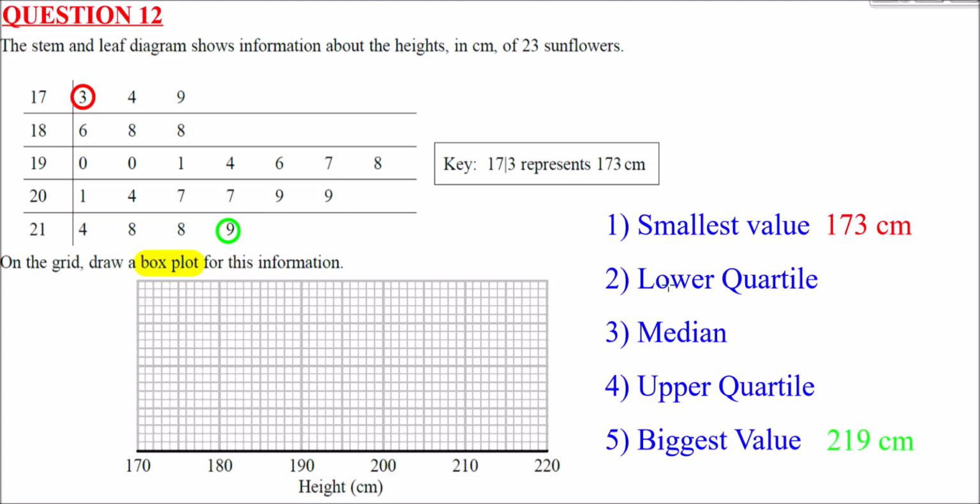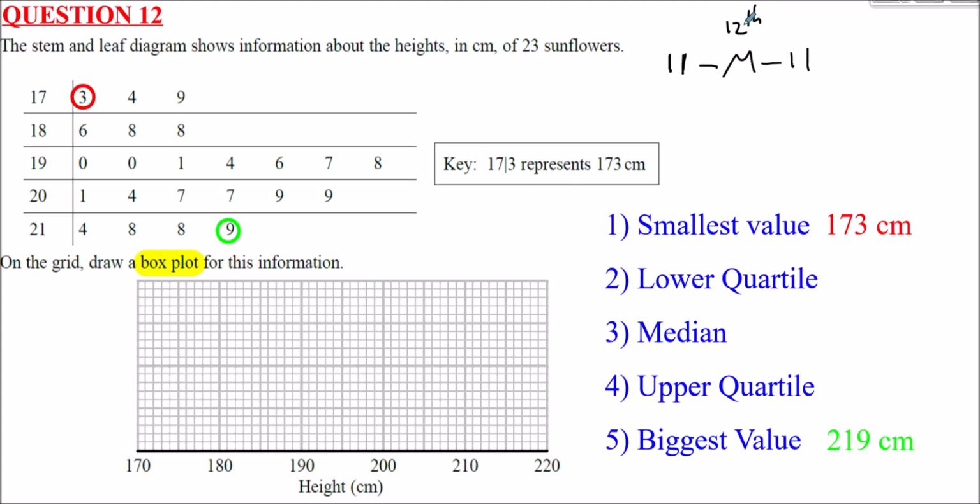Now, the lower quartile, median and upper quartile take a bit more thought. So the median is what I'm going to start with first. The median is the middle one. So if we've got 23 sunflowers, then there'd be the smallest 11 here, the highest 11 on the other side, then the median will be the one in the middle. So the median is actually going to be the 12th one.